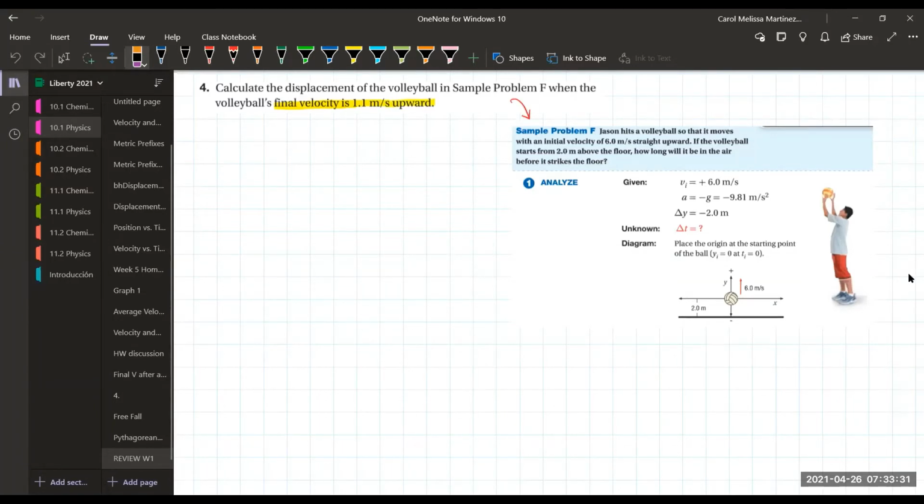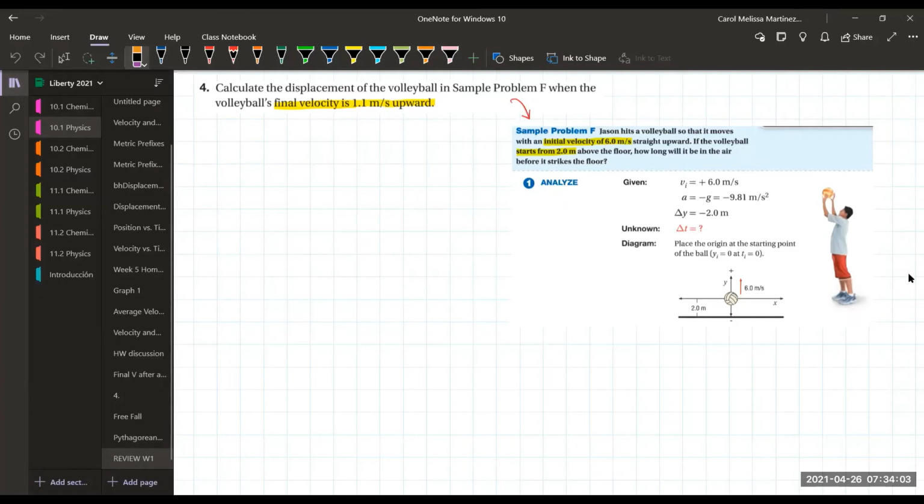Remember, here it is very important to know about the signs. So, what do we know from the problem F? We know that it has an initial velocity of 6 meters over second, and the volleyball starts from 2 meters above the floor. Okay? That's all we have. So let's write the information that we have.